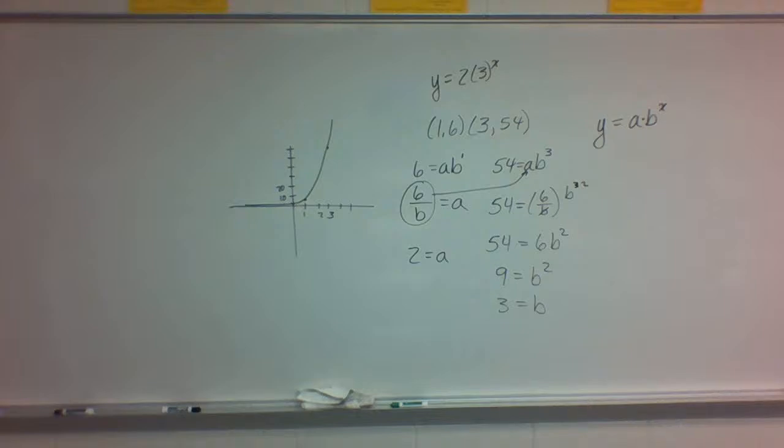Okay, I'm not going to do example 3 or 4. We're going to clear over to 5 on page 345. Example 5 says, use a graphing calculator to find an exponential model for the data in example 3. Oh, we didn't do example 3. That's okay.